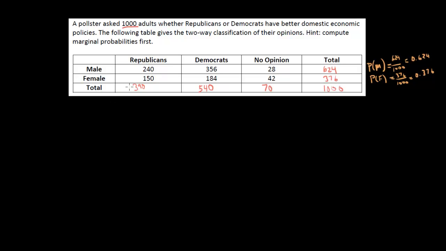Now let's look at the marginal probabilities of the Republican, Democrat, and no opinion. So there's 390 Republicans in this sample, so we can say the probability of R for Republican is 390 over 1,000. So that is 0.39.